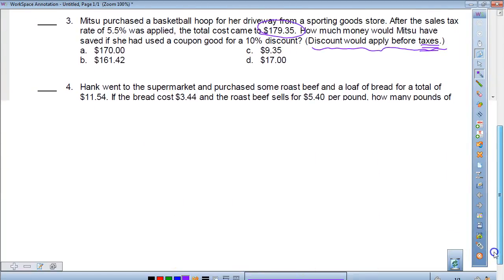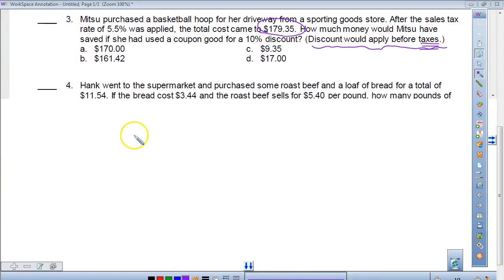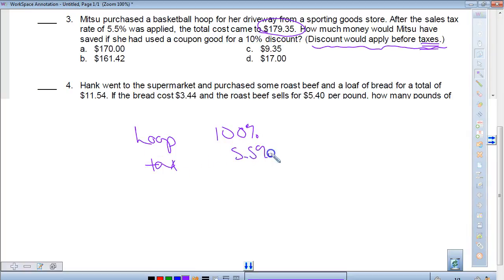Excuse me. So one way to approach that is you think the hoop cost 100% and the tax was 5.5%. So our total would be the sum of those two, which would be 105.5%.